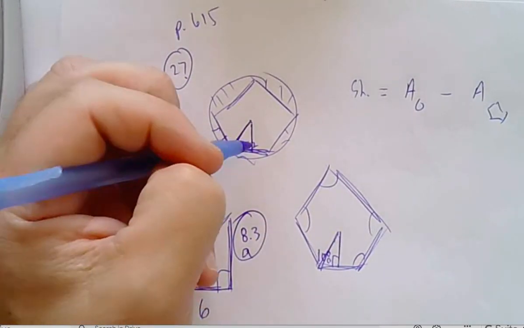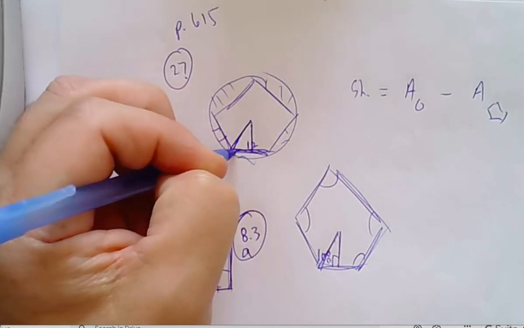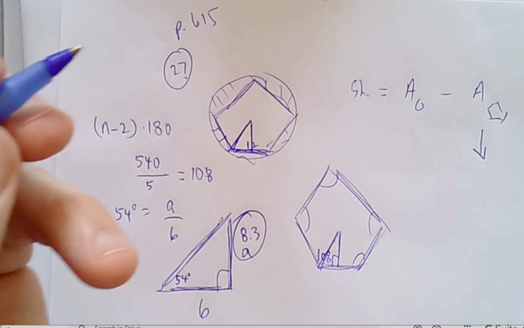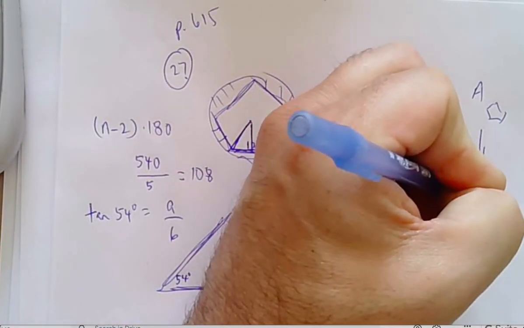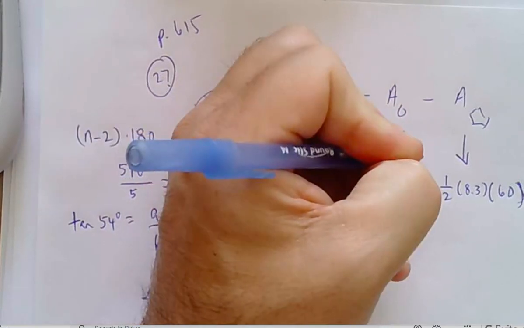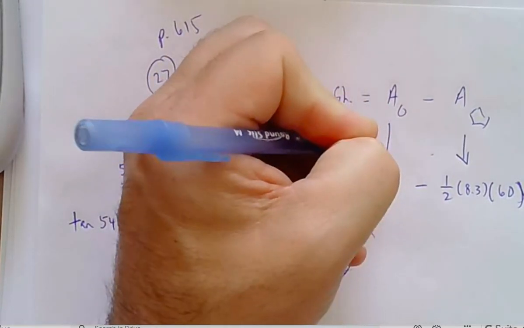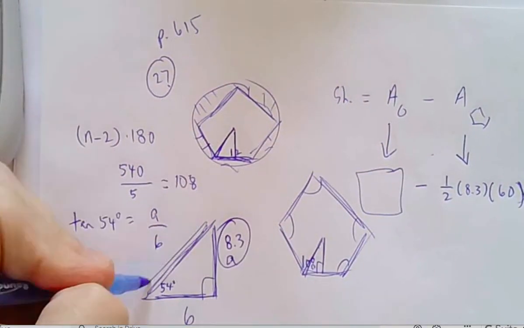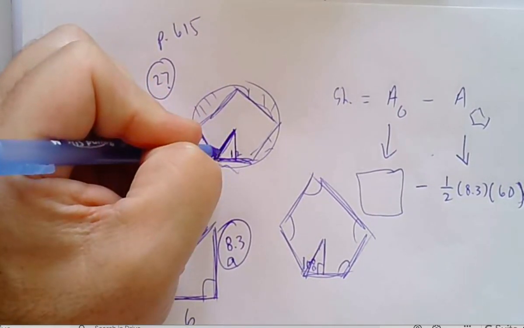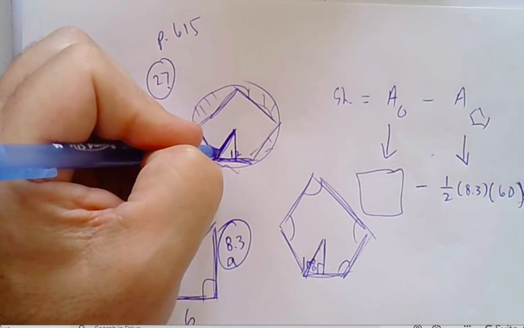So if the perimeter is 60, because now it's 5 times 12, the area of the regular pentagon is going to be 1/2 of 8.3 times 60. Now I need the area of the circle. I would need to know this distance here, because this distance is that distance, which is going to end up being the radius of the circle.